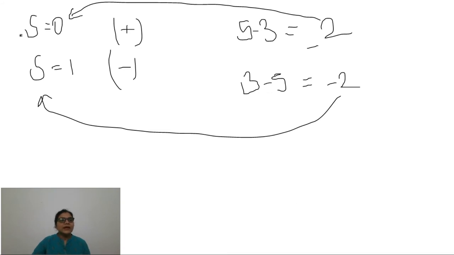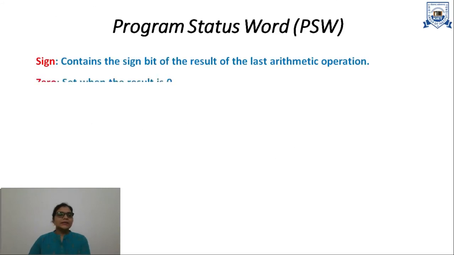So the sign flag can have either a 0 bit or a 1 bit. A 0 bit denotes a positive number or positive result, and 1 denotes a negative number or negative result. Next flag is the zero flag.